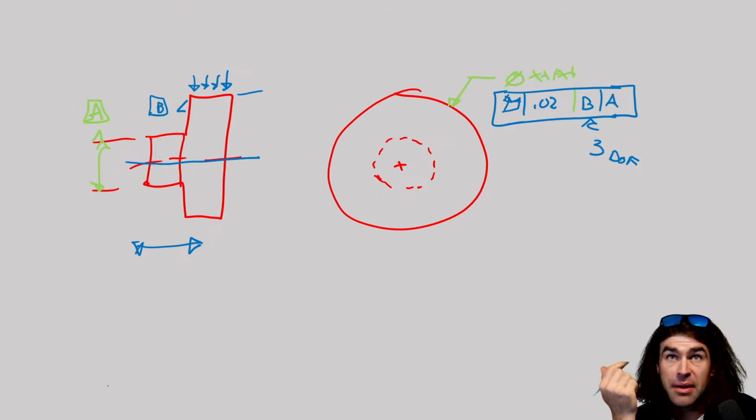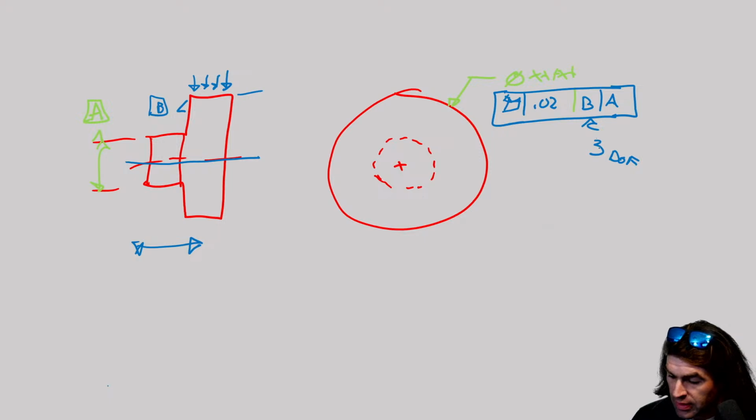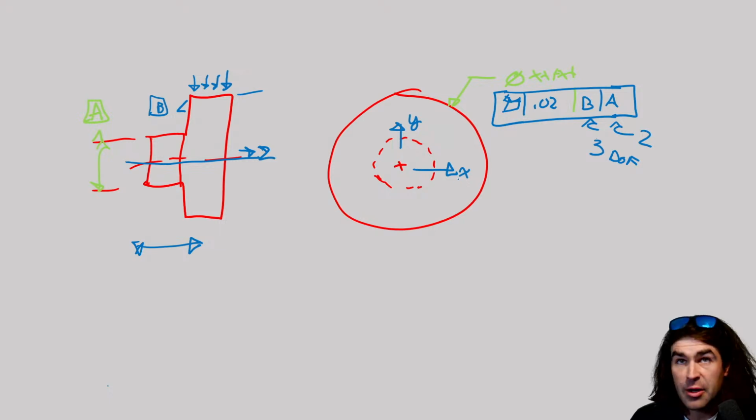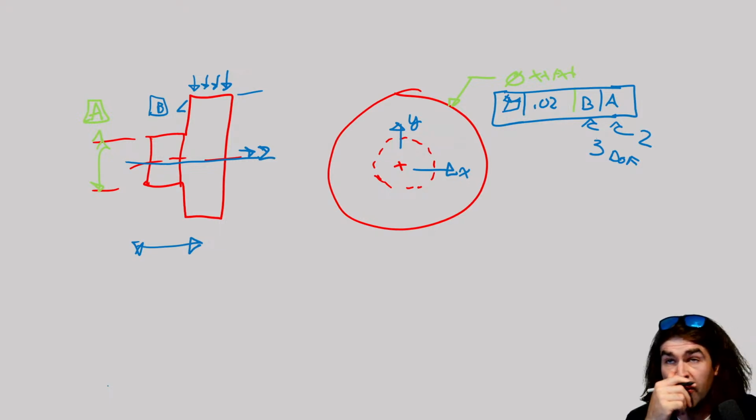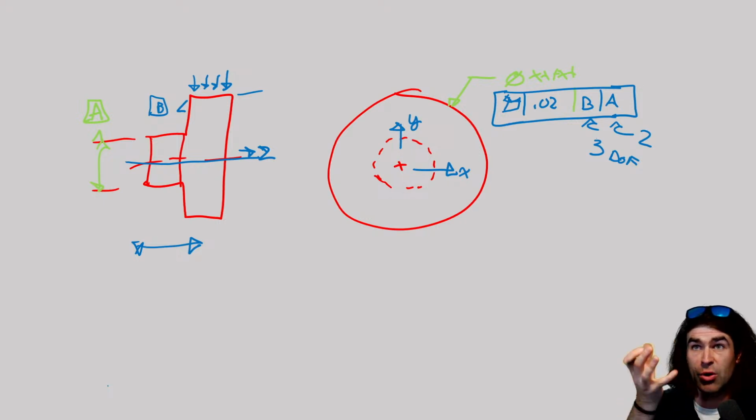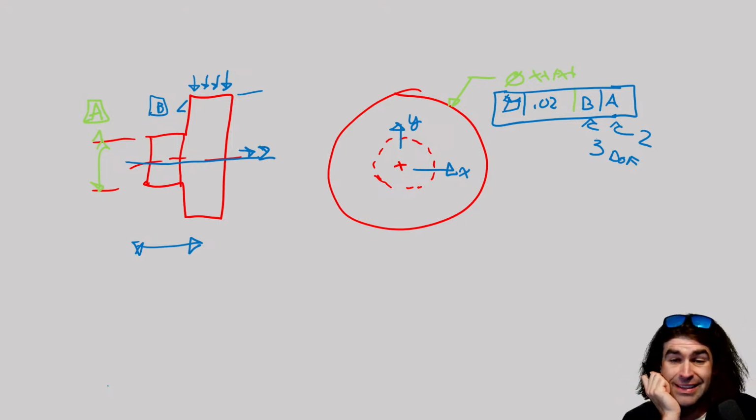It's got to spin about the axis of A. So B takes away 3 degrees of freedom. A, in this case, is going to take away 2 degrees of freedom. It's going to take away the ability to translate, let's call this X and Y. I'm going to call this coming out of the page Z. It'll limit the ability to translate in X and Y. The only thing this part is free to do is rotate about what I've called the Z axis here.